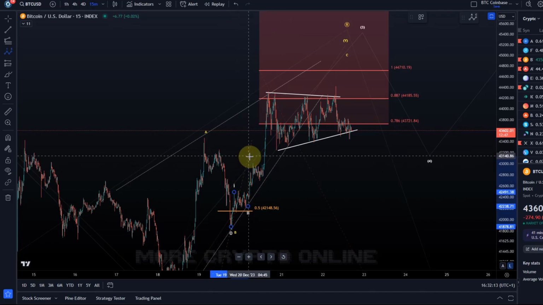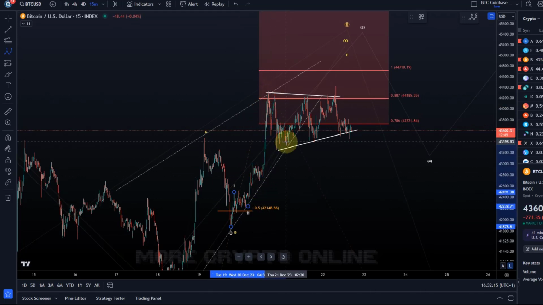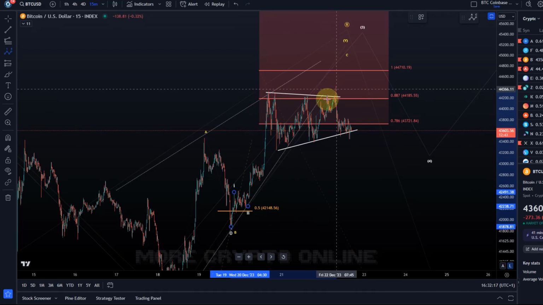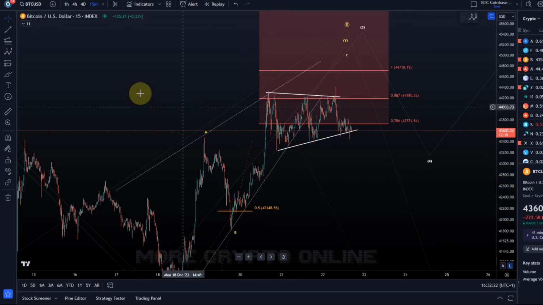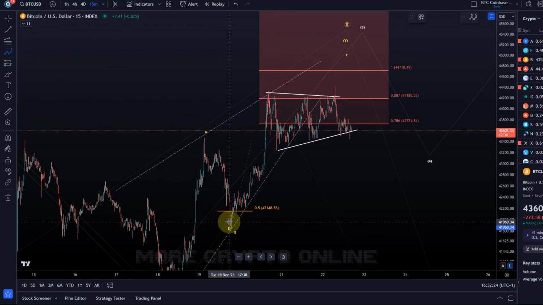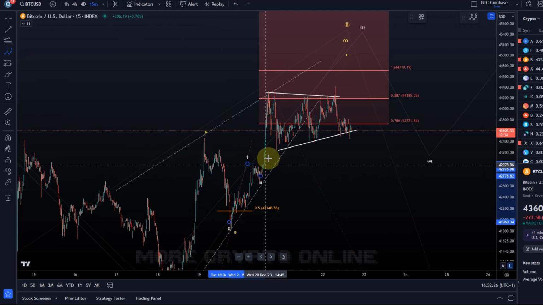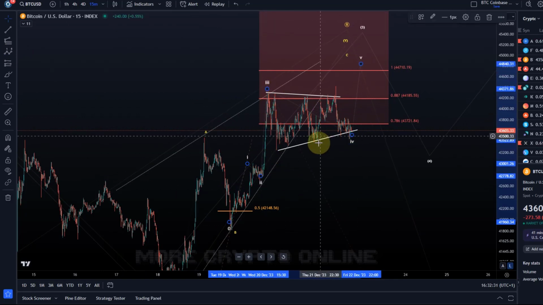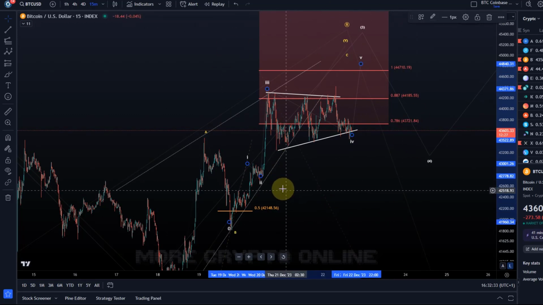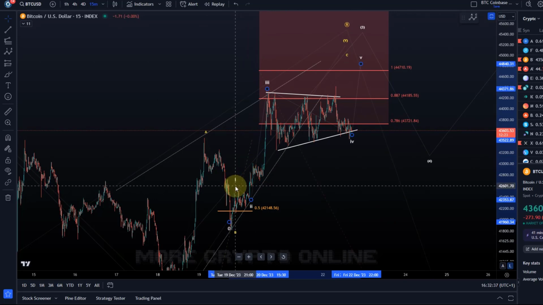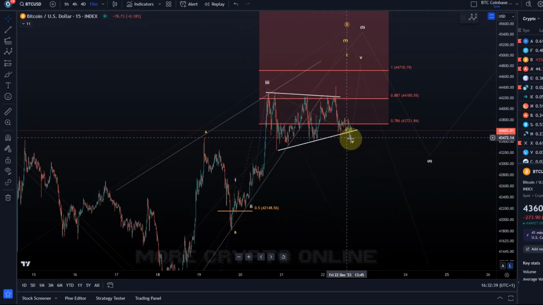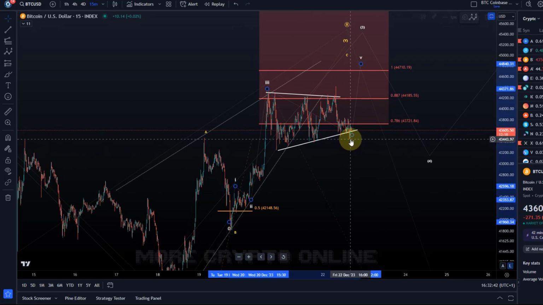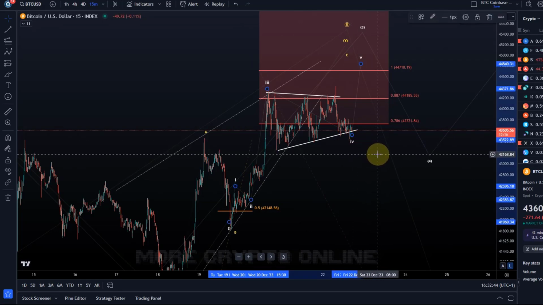Then we have here another 1, 2, 3, 4, but I can't count that as 5 because that's a 3-wave move up. So I think it counts best as diagonal, and that would be wave 1, wave 2, wave 3, possibly here the 4, and then one more high in wave 5. But it looks a bit strange. Maybe 1, 2 is down here. But again, as I said, the micro count is not so important in these diagonals, or generally in corrective structures.